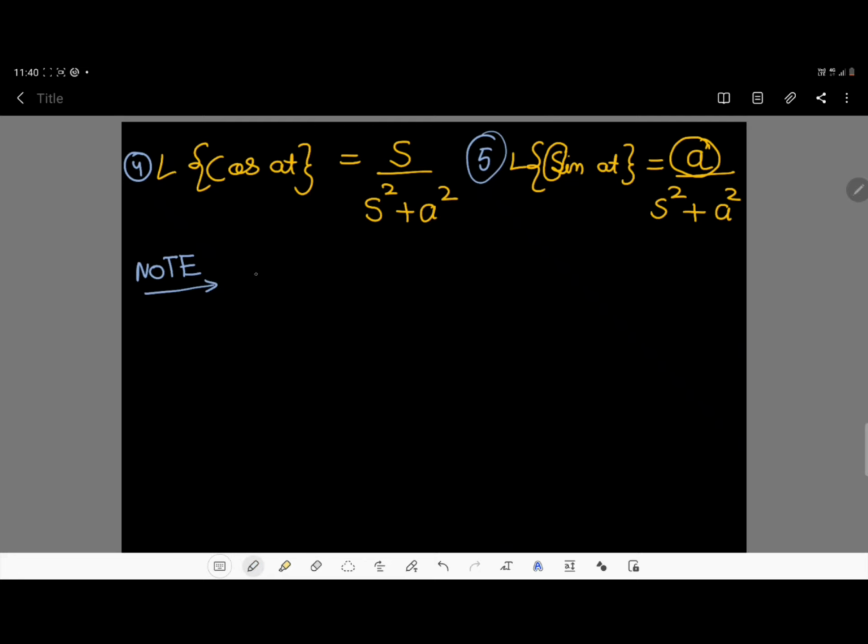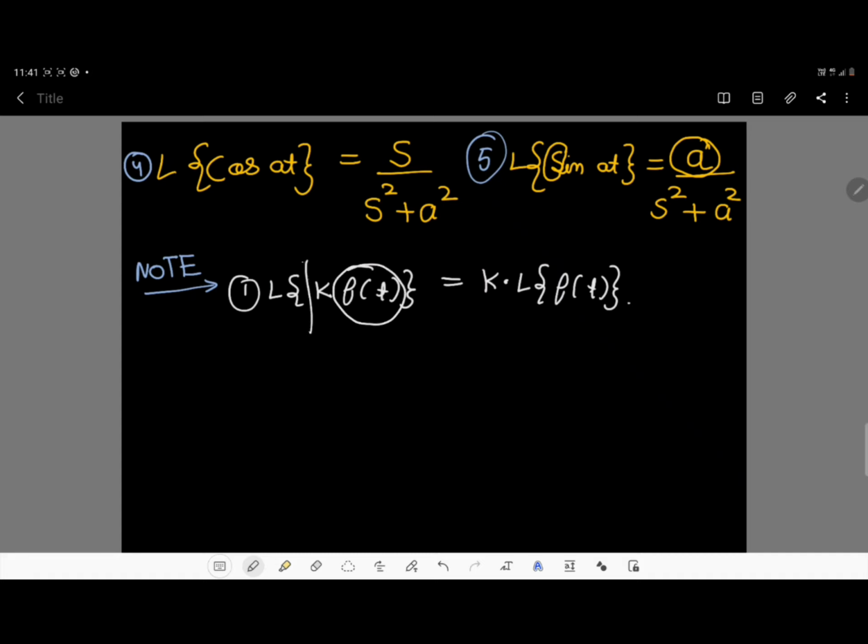The Laplace transform of any constant k times a function f(t) is equal to k times the Laplace transform of f(t). If we are multiplying this function by any constant k, then the Laplace transform of this whole part would be k times the Laplace transform of f(t) only, right?